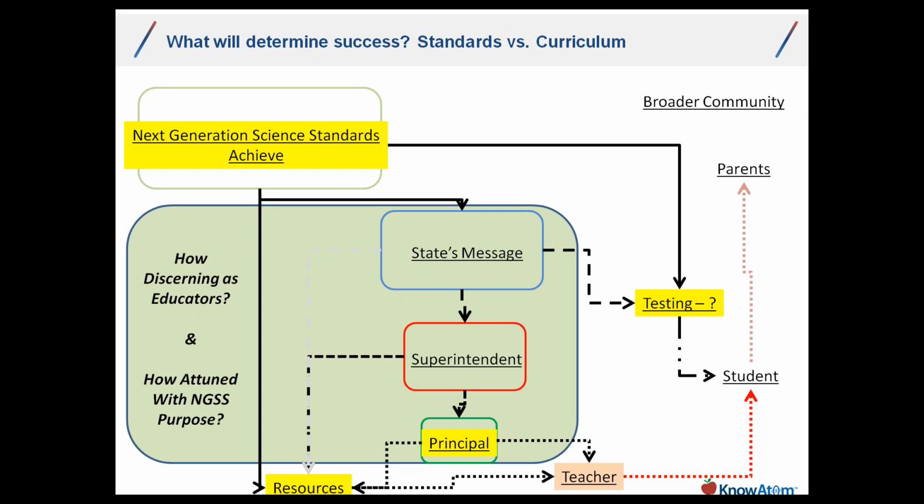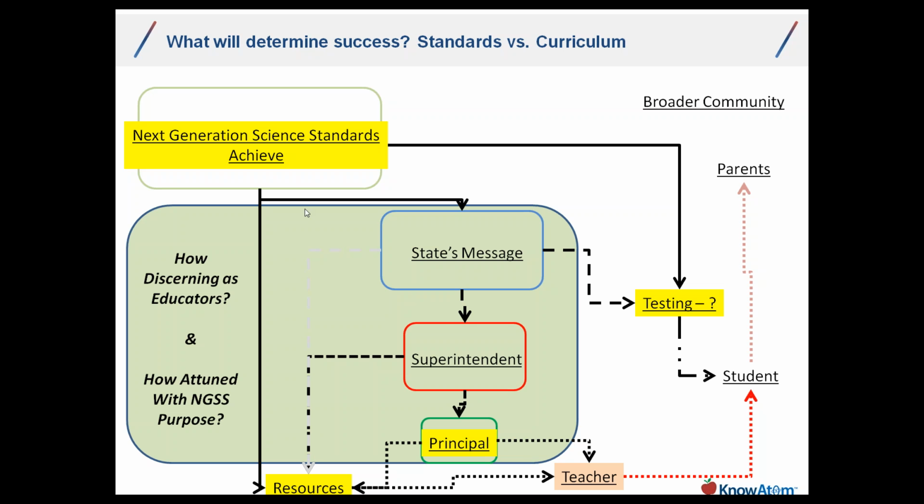The other question is, how attuned are they with the purpose and really the spirit of the Next Generation Science Standards? How well are they versed in what the three dimensions are, what this environment will look like, the difference, and this is huge, the difference between curriculum and standards.